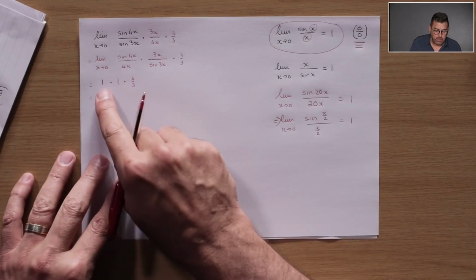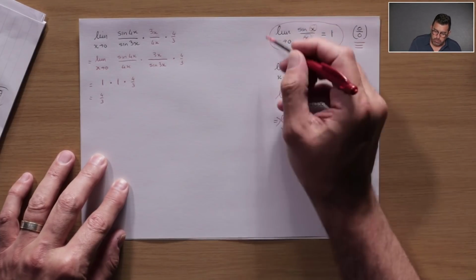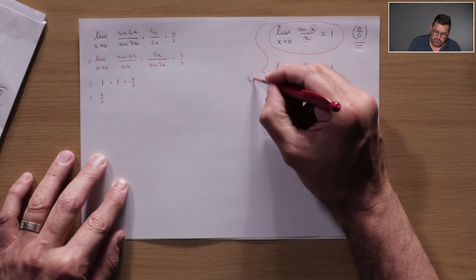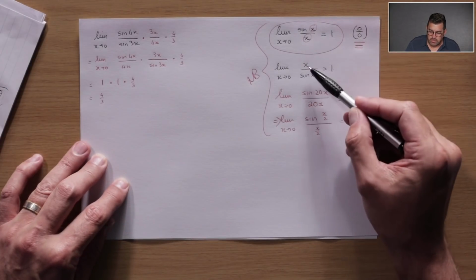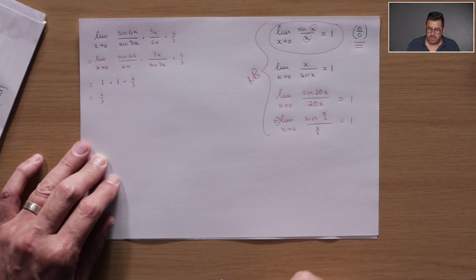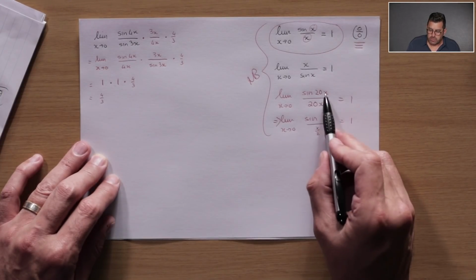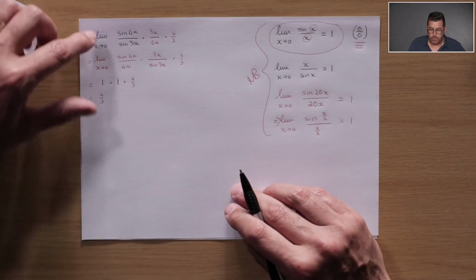And that's exactly what I did over here. Okay, so again, this is the important part. This is very important to remind yourself of constantly, that those two things must be the same for this to apply. So I'm saying to you, if this was 20x over x, sorry, it wasn't equal to 1 anymore.